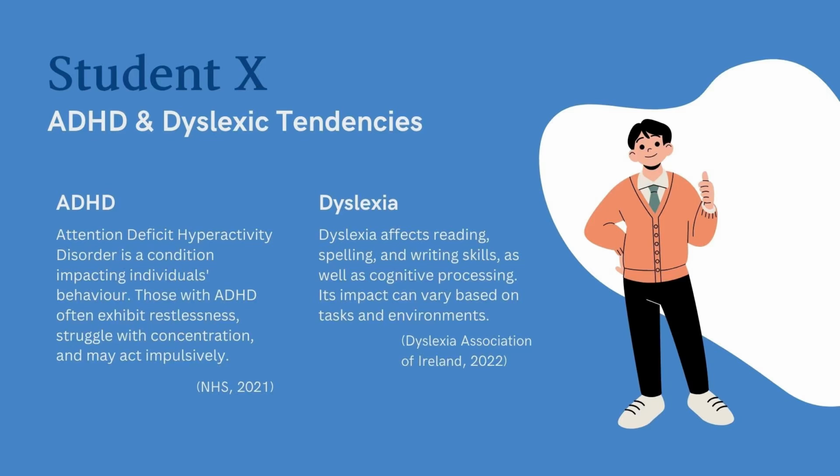Some of the ADHD-related characteristics that I noted were student X's inability to concentrate, distractibility, lack of organisation, hyperactivity, and tendency to lose homework. The characteristics often associated with dyslexia that student X was displaying included better oral than written skills, procrastination with writing tasks, more difficulty in language-based subjects, and poor time management.